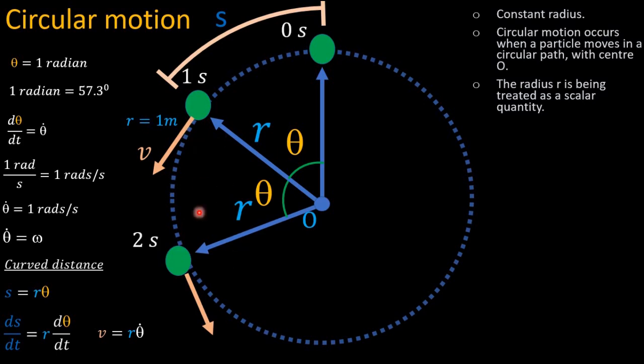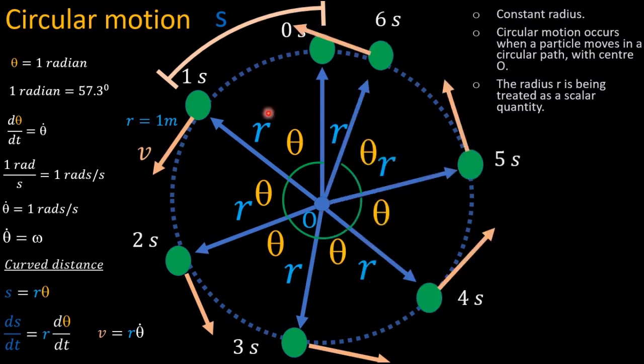After a second, it's going to end up at this point, so another radian is subtended by that arc. That's at 2 seconds, then another second, another radian has gone by, and so on. If we wanted to calculate the speed of the particle along this circular path, we would just do the radius times its angular velocity. We know the radius was 1 meter, and the angular velocity was 1 radian per second.